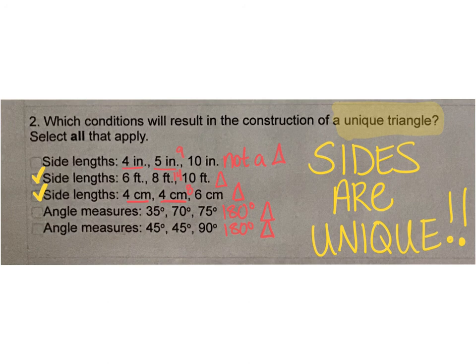Could you make a triangle out of 3 pencils? Could you make a triangle out of 3 yardsticks? Yes. Could you make a triangle out of 3 light poles? Yes. And if you make those four or five, however many I said, different triangles, are they all going to be the same shape? Yes.